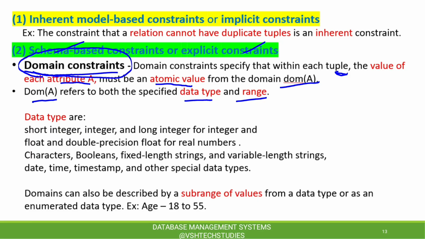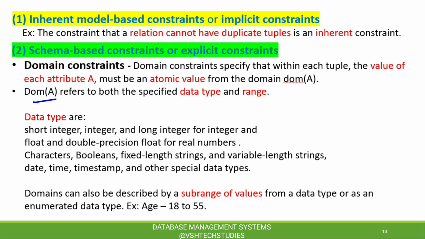The value the user enters for an attribute in any tuple in any relation must belong to the domain of that attribute and it should be atomic, means it should be indivisible. Further, we should not be able to divide it. Okay. We saw the domain of the salary attribute as integer type of data and the range being 15,000 to 90,000.